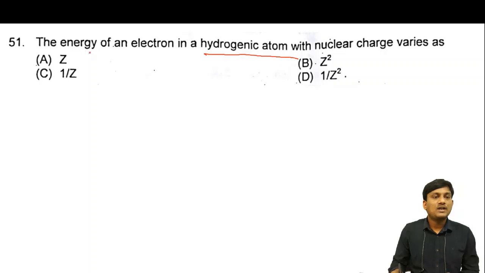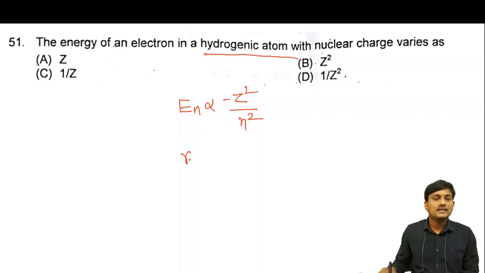In this case, what is the relation between energy and Z? Z is the atomic number of the atom. Here we know that En is directly proportional to minus Z square by n square.